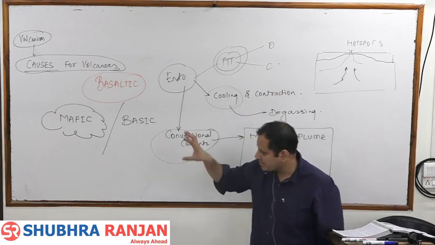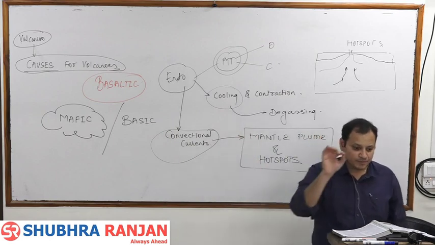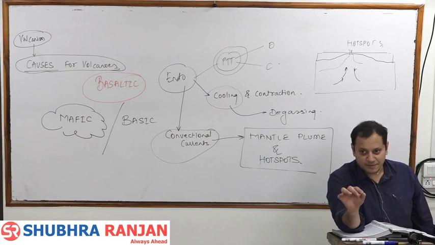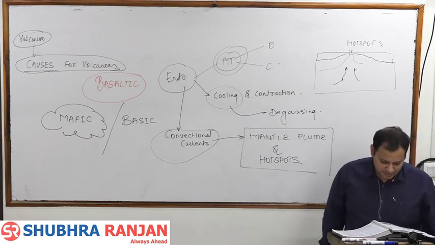Getting it? They are same like the basic magma or the acidic magma or lava. Fine. So why it is known as mafic? Because it has dominance of iron. It is black or dark in color.